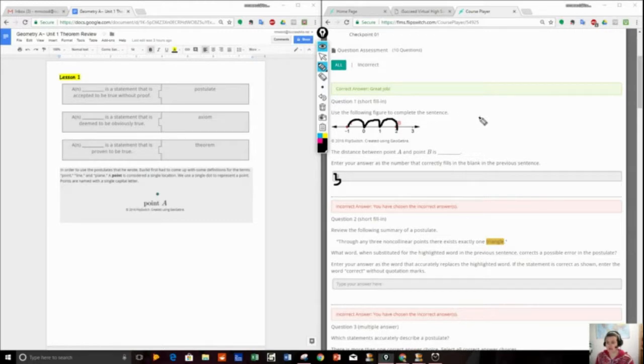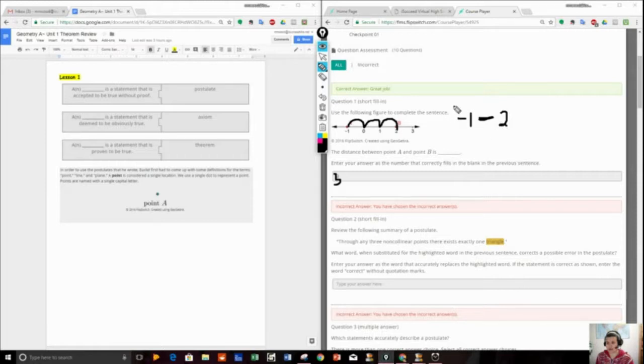So difference means subtraction. We're going to subtract the coordinates for the 2 points. So A on the number line is located at -1, and B on the number line is located at 2.